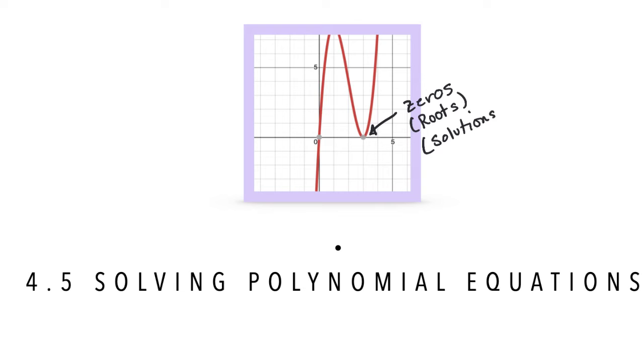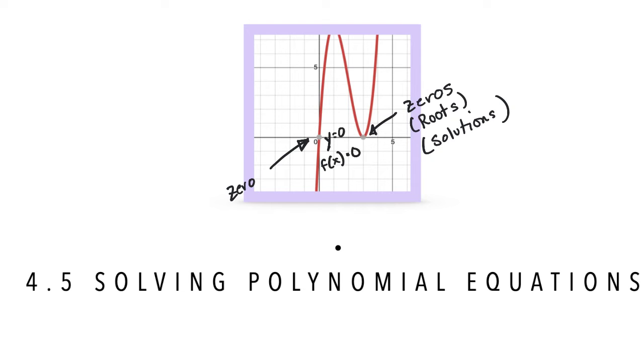And those are where they cross or touch the x-axis. So over here, you can see we have another zero. They're called zeros because at that point, that's where the y value, the function, actually equals 0. So we could say y equals 0 right here, or we could say f of x equals 0. It means the same thing.